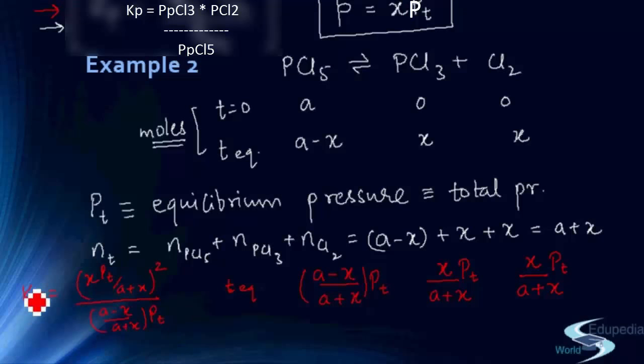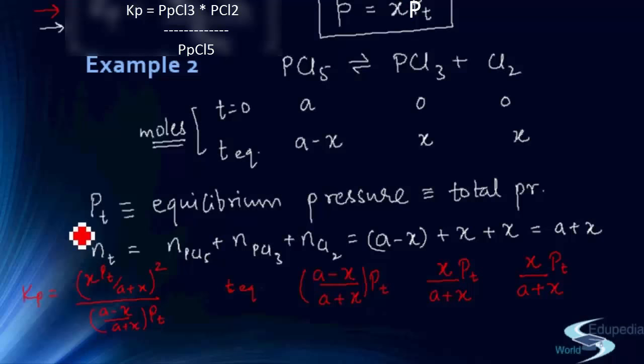This is the correct expression for Kp, and this method of writing Kp in terms of partial pressure and calculating those partial pressures using mole fractions of reactants and products is always applicable. Though it is longer and more tedious, it is a very nice and accurate method.